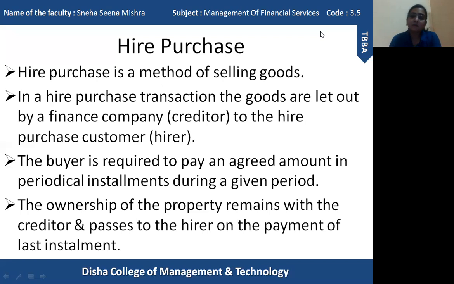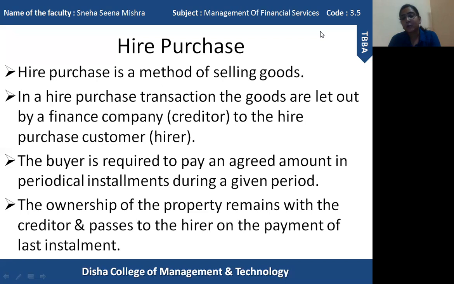Whenever such installments are paid by the buyer, they are considered to be hire installments. In a hire purchase transaction, the goods are let out on the basis of rent. It is given to the purchaser by the finance company, and the buyer is required to pay an agreed amount of money through installments.